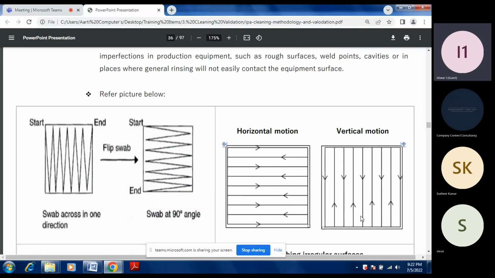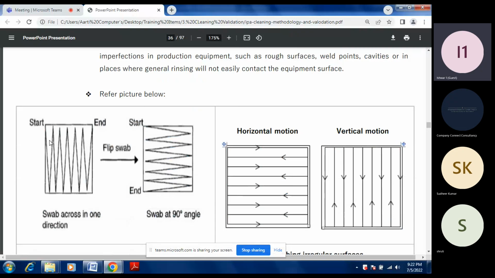So we have to perform the sampling with the swab sticks using horizontal and vertical motions. We have to start from the left top corner to the right bottom corner in a zigzag way, or in some cases, as mentioned in the picture, we collect the sample in a zigzag way.